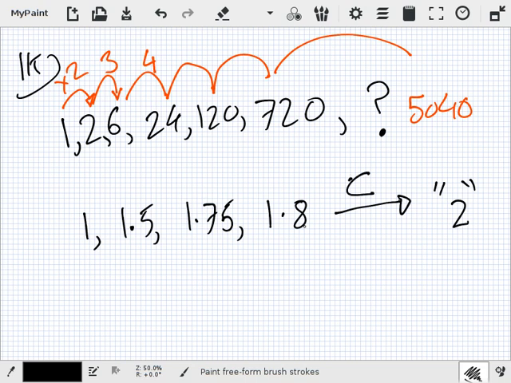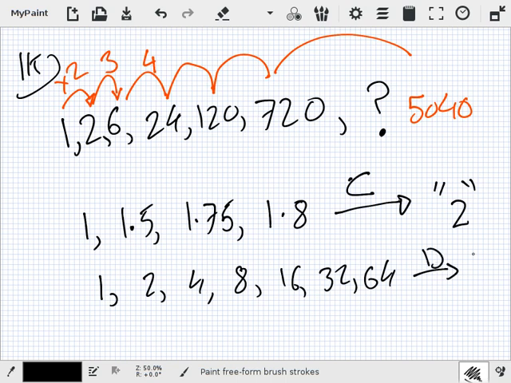Okay. Divergent would be the opposite. Divergent means the opposite of convergent. So that would be like 1, 2, 4, 8, 16, 32, 64. That one is divergent, because it's just getting bigger and bigger. The other one's getting bigger too.